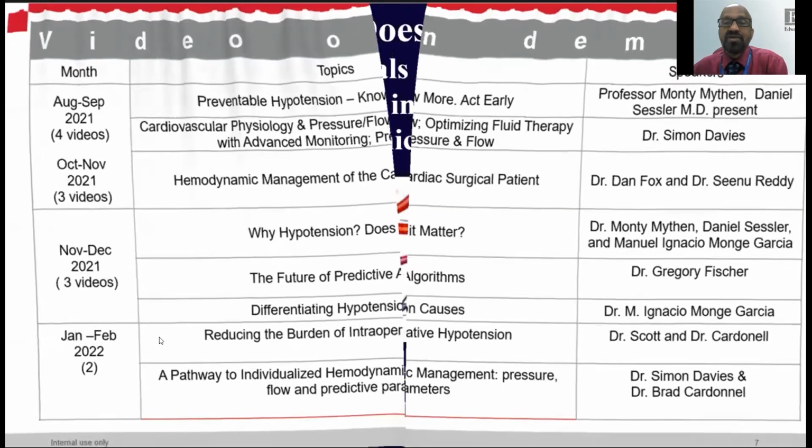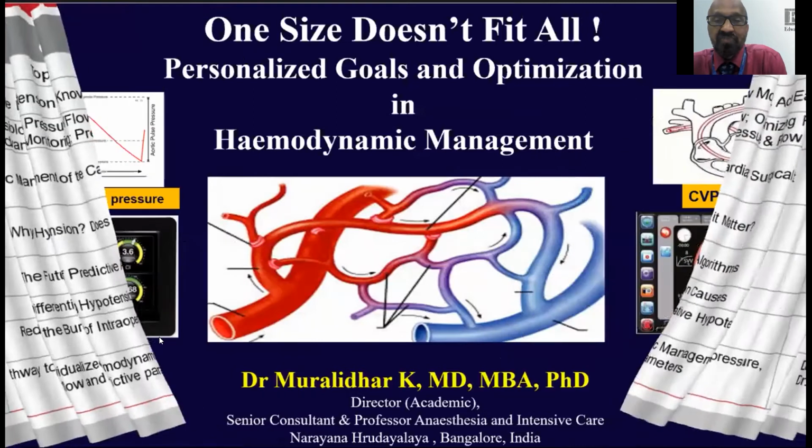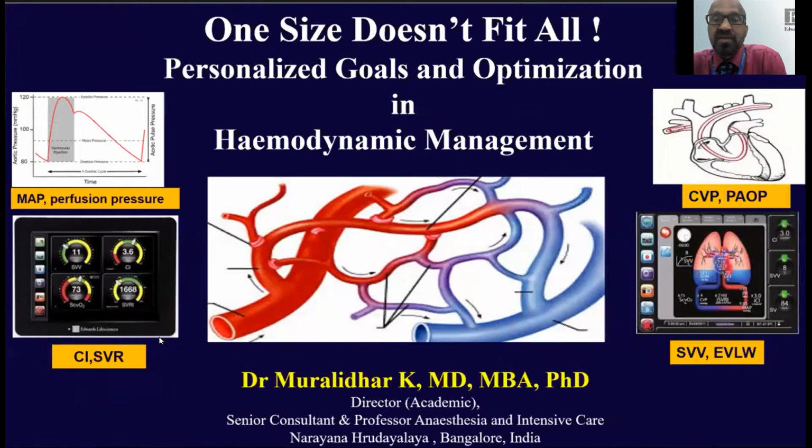My topic today is one size does not fit all. What are the personalized goals in hemodynamic management? Achieving hemodynamic stability with both macro and micro circulation during high-risk surgery and in critically ill patients can be a formidable challenge in clinical scenarios.